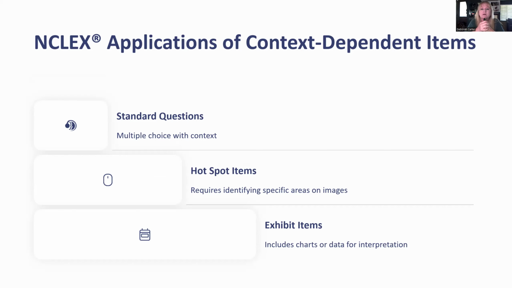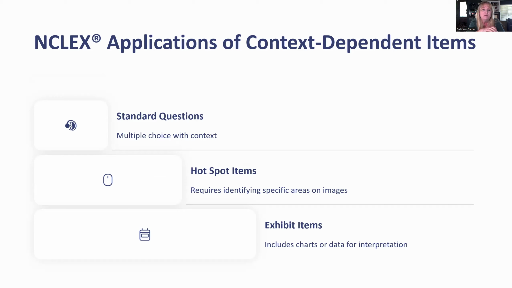Looking at charts or exhibits, something context-based. The NCLEX incorporates context-dependent items as alternate format questions to assess higher level learning.